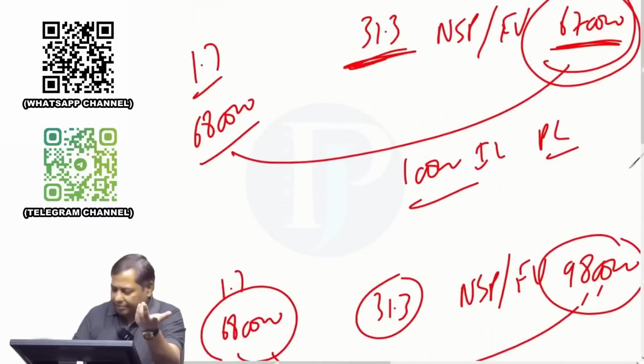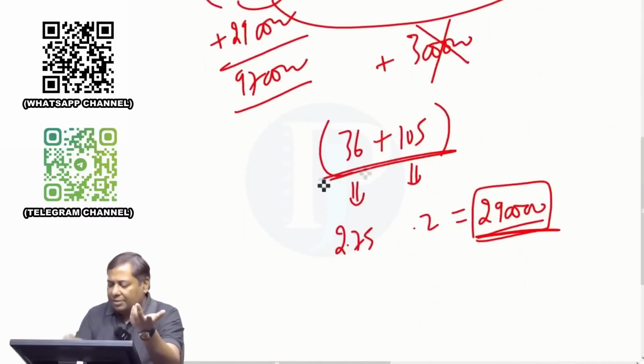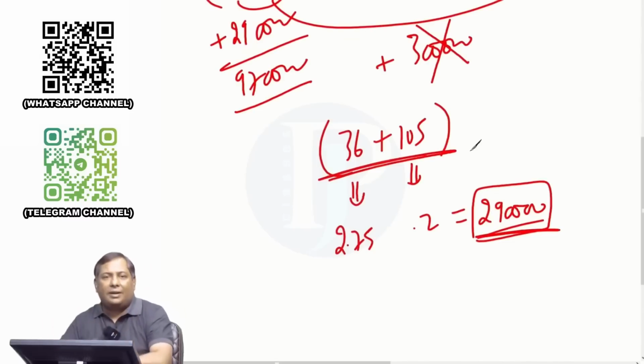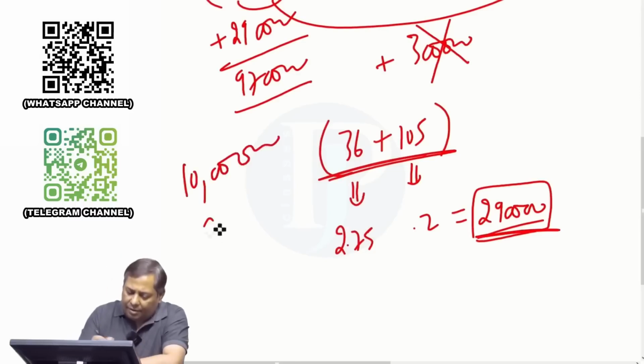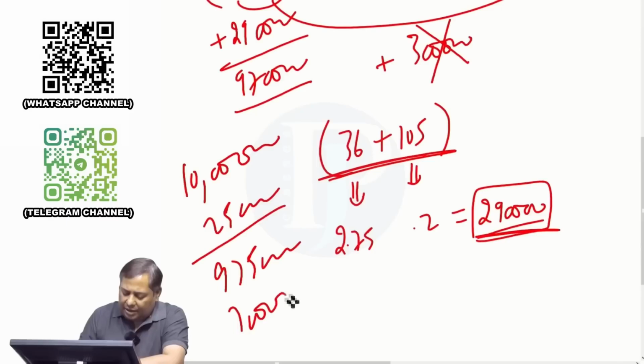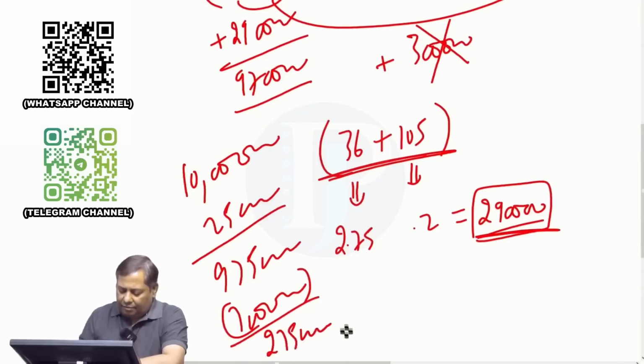You should check the value. I have told you the reasons to take 36 and 105. We started with 10 lakhs, subtracted 25, it came to 975, then decreased it to 7 lakhs. So it was 275 plus 20,680, equal to 2,95,000.